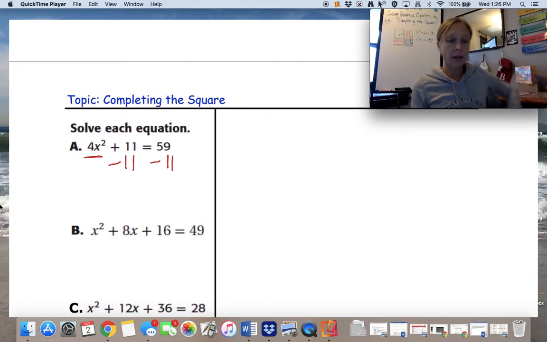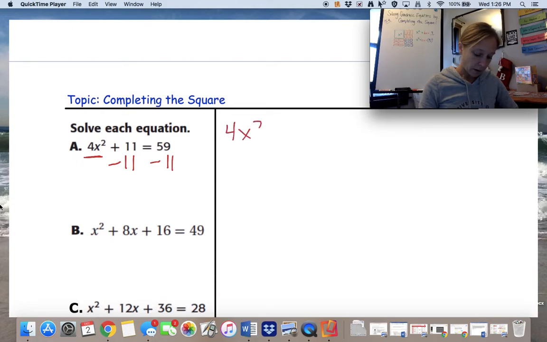So I think if I can gather all of my constants on one side, then I can just deal with square roots after that. So 4x squared equals 48. Now I can take the square root of 4, but I can also divide both sides by 4. That seems like a good idea, because then I'll have smaller numbers. x squared equals 12.